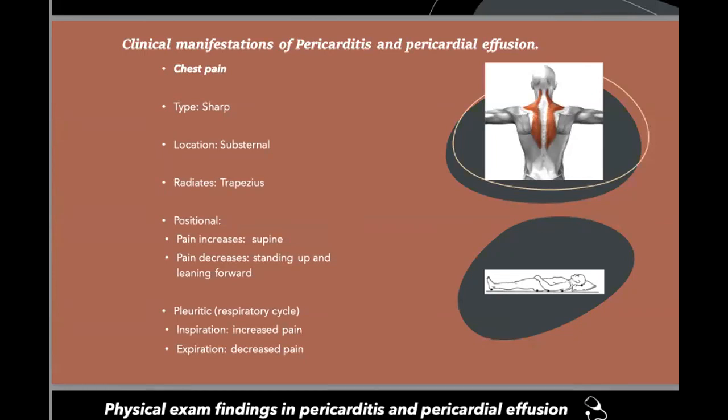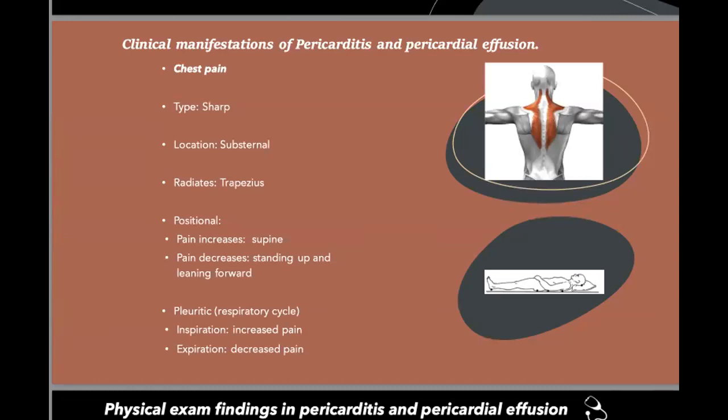The clinical manifestations of pericarditis and pericardial effusion are the same. We have a very particular type of chest pain, which can be positional and pleuritic. The chest pain is sharp, in comparison to angina, and the location will be substernal, radiating to the trapezius.